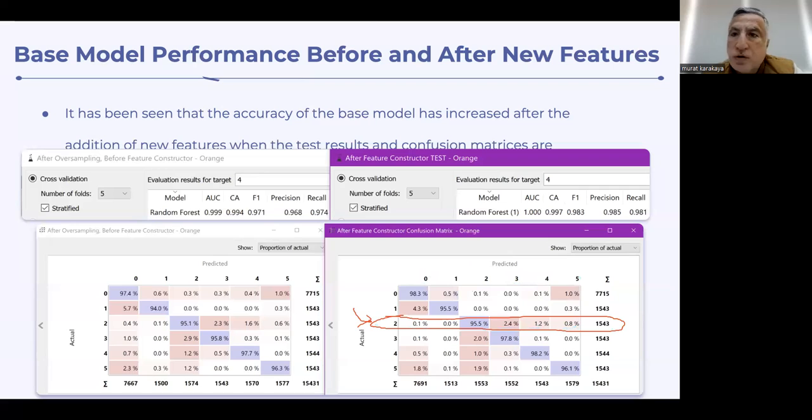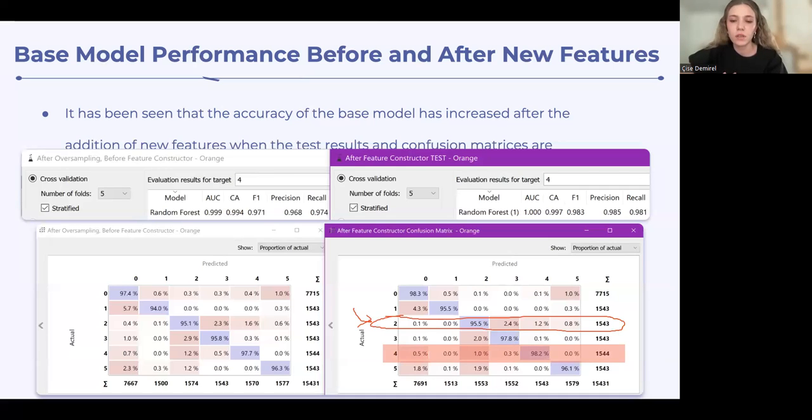Yeah. So I would like to ask Çise, what do you think about the 4th row here? How can you explain the 4th row? What does it mean?